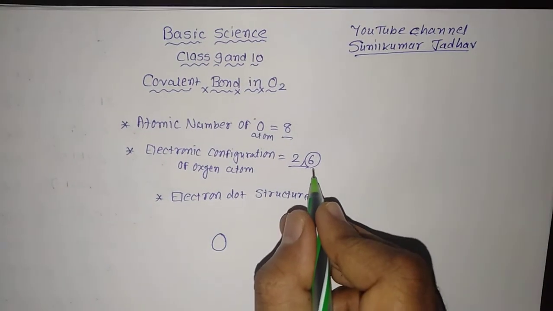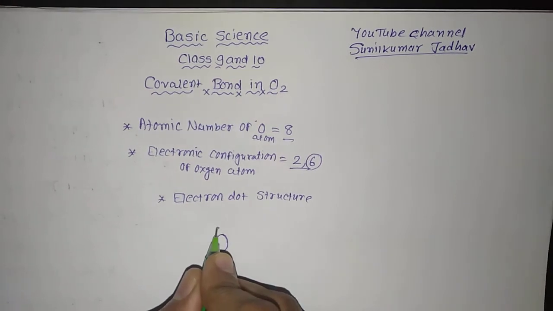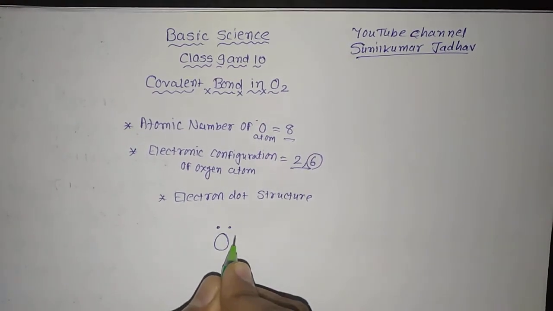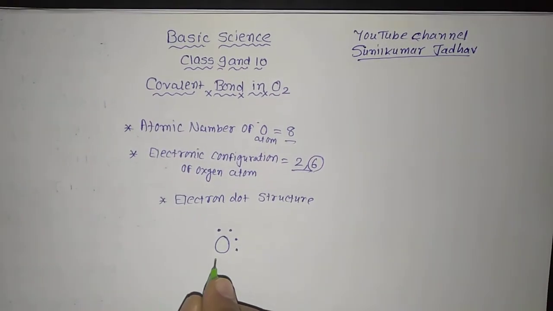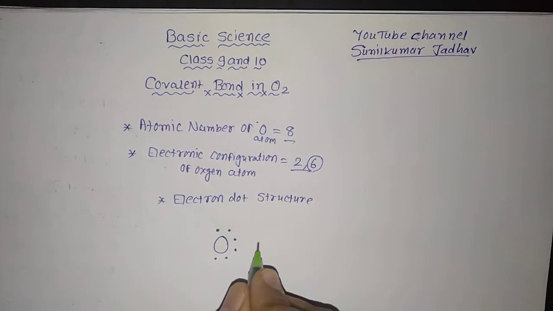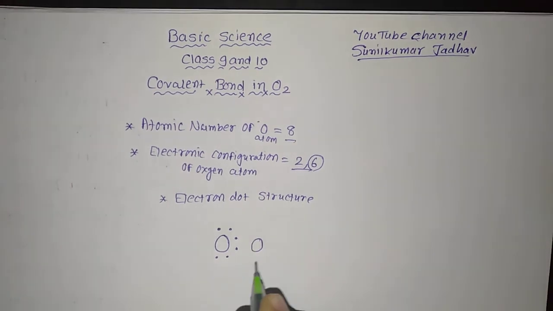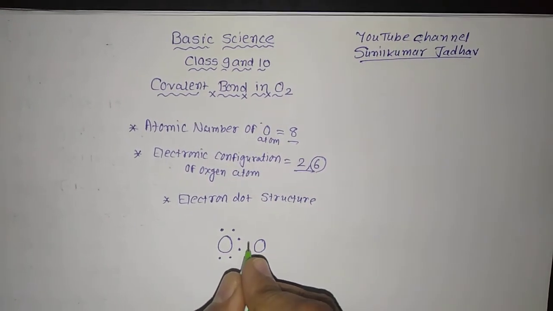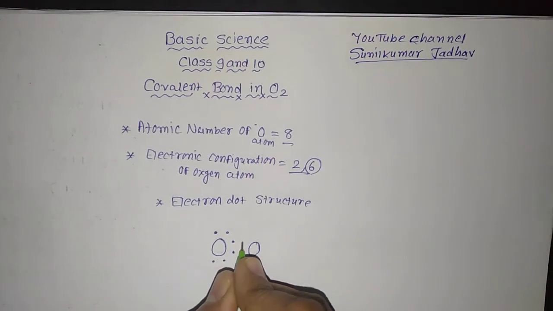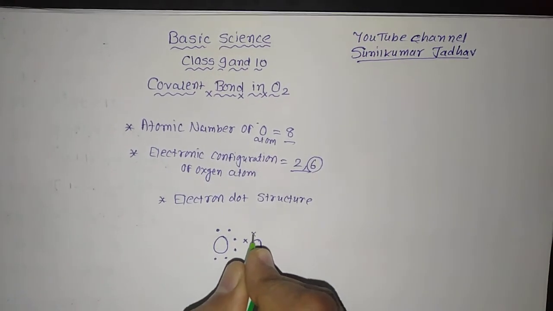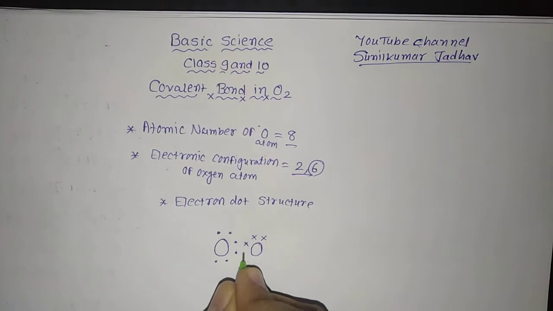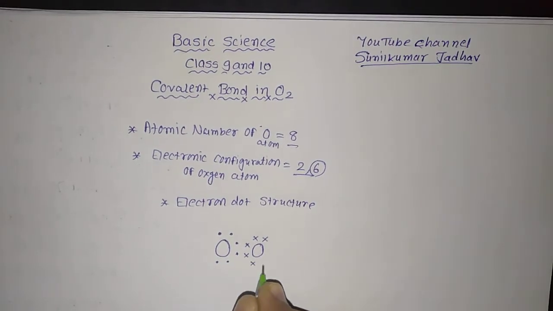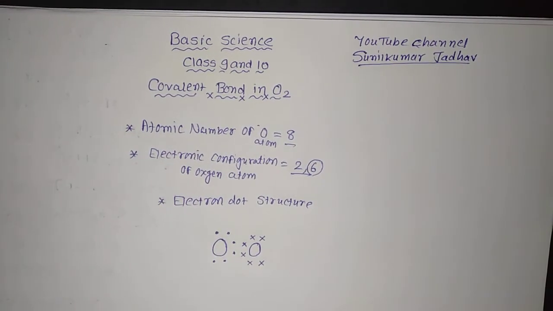So this is 6. I will show it here: 1, 2, 3, 4, 5 and 6. This is another oxygen element. For that, the same 6 electrons are there, which I will show with the help of crosses: 1, 2, 3, 4, 5 and 6.